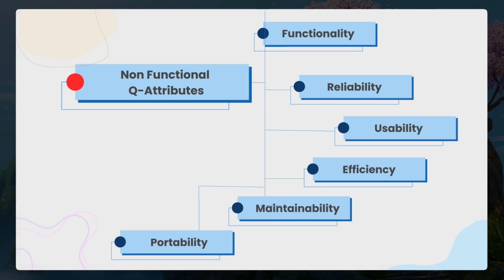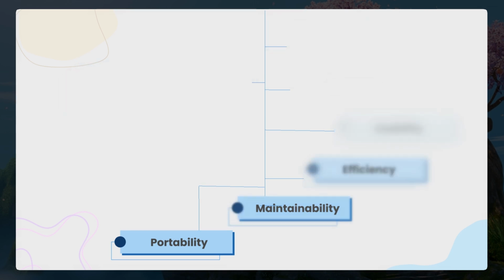However, non-functional quality attributes such as reliability, usability, and efficiency are equally important. A reliable platform must be able to handle high traffic loads without crashing. A user-friendly interface must make it easy for customers to navigate and make purchases. And efficient performance is crucial for a positive user experience.